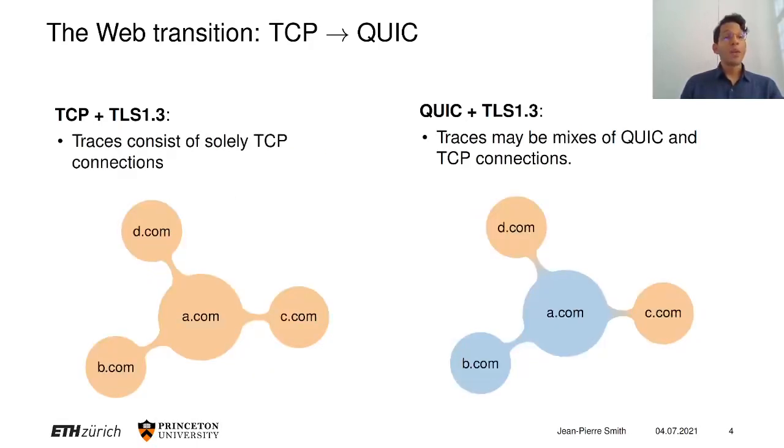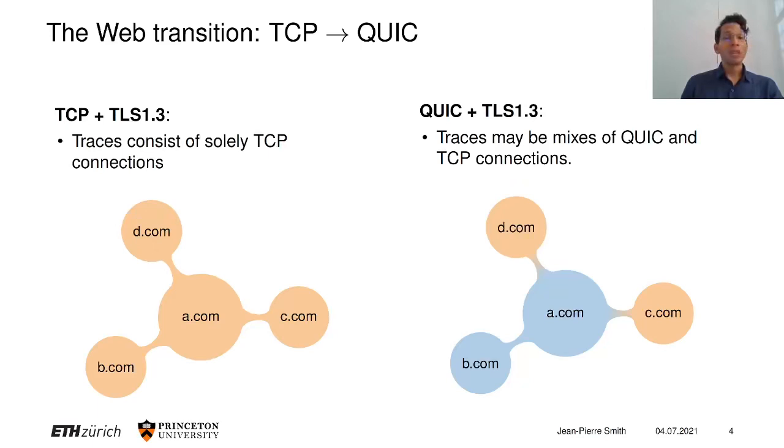And finally, whereas originally on the internet, when an adversary observed the loading of a web page, he would know that the metadata he's observing corresponded solely to TCP connections. However, due to QUIC's backward compatibility with TCP, when a browser loads a web page, it loads the HTML page, and this HTML page may load dependent resources.